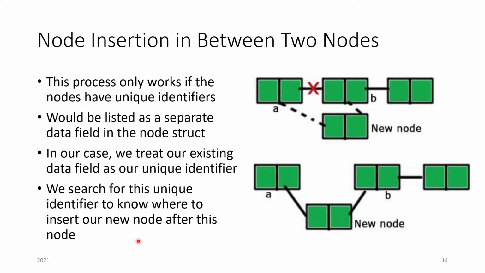In some particular cases, you may want to treat the data field that is already existing in your node structure as the unique identifier. And once we have unique identifiers assigned to each one of these nodes, we can use the identifiers here to search for the nodes that we wish to insert our new node in between as a result.